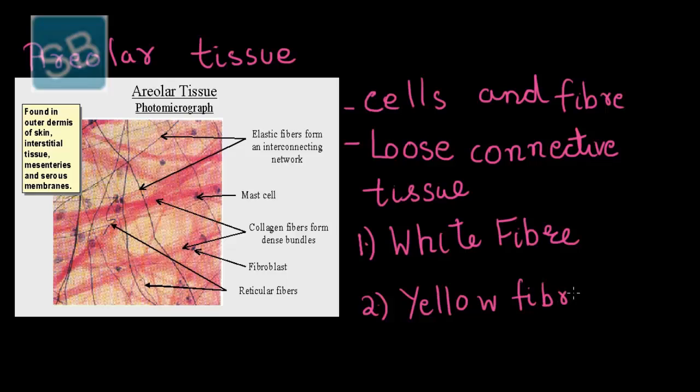White fibers are made up of the substance collagen, and yellow fibers are made up of a protein known as elastin.